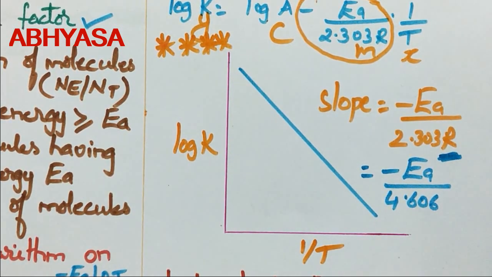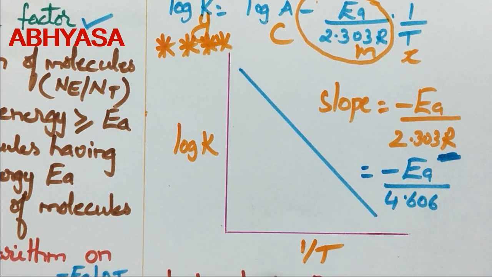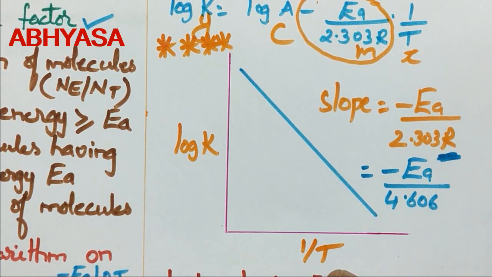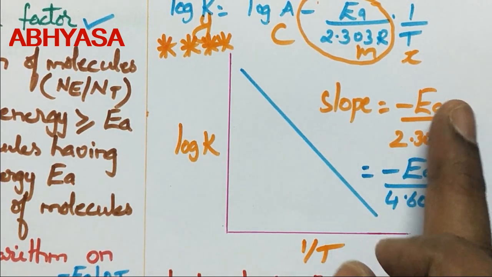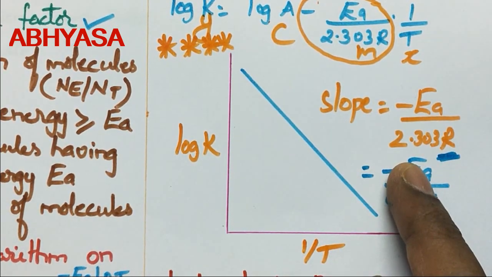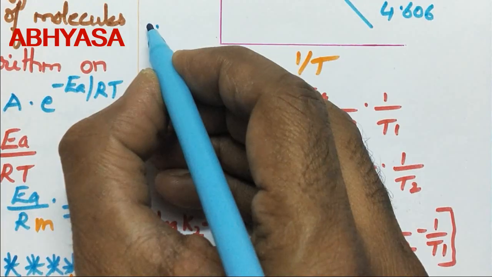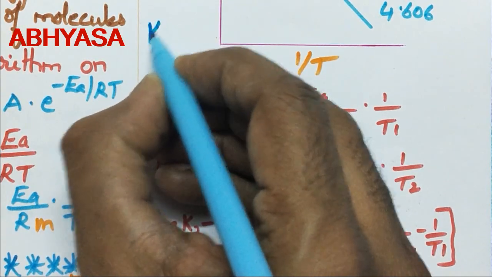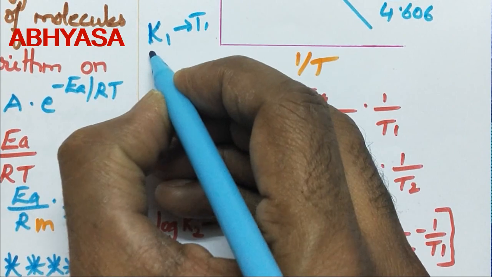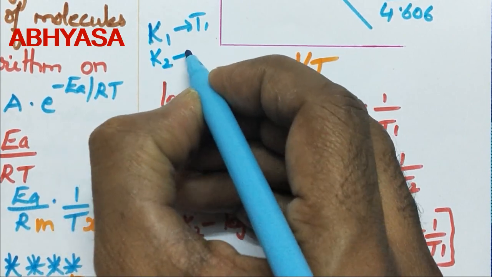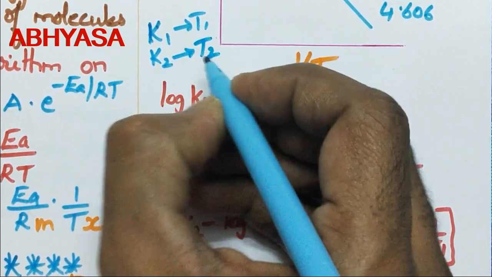So the plot drawn between log k and 1 by T is a straight line with a negative slope which is equal to minus Ea by 2.303 R. K1 is the rate constant at a temperature T1 and K2 is the rate constant at temperature T2.